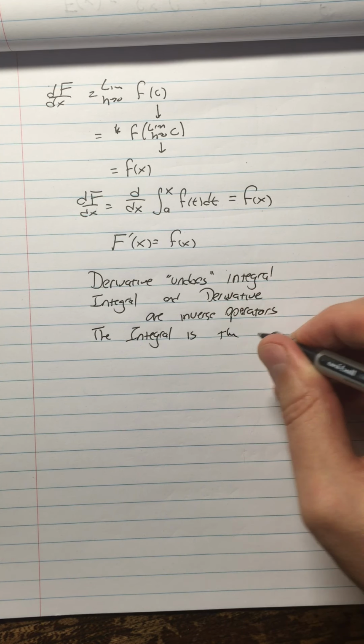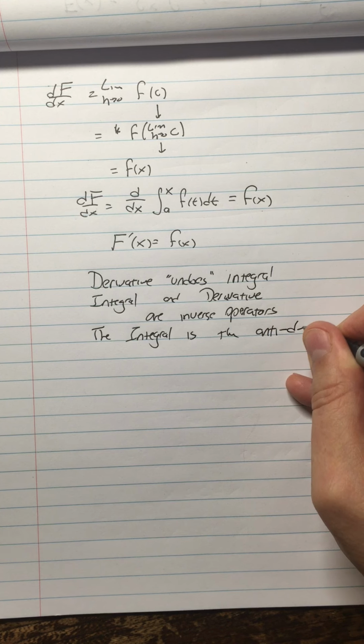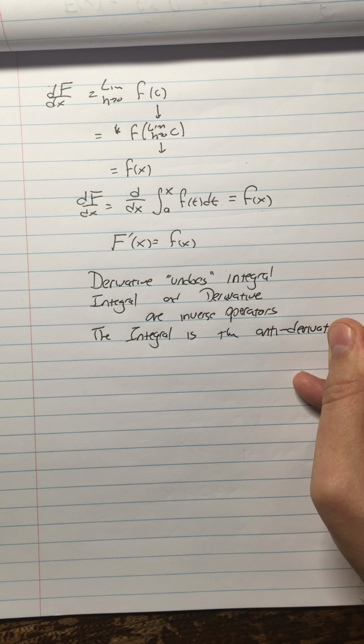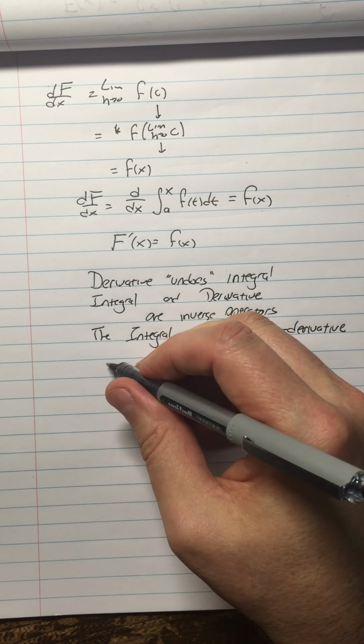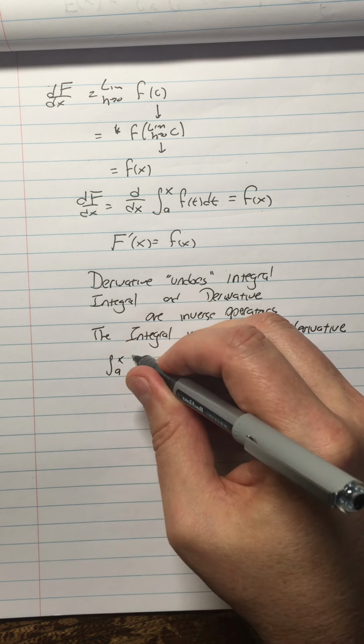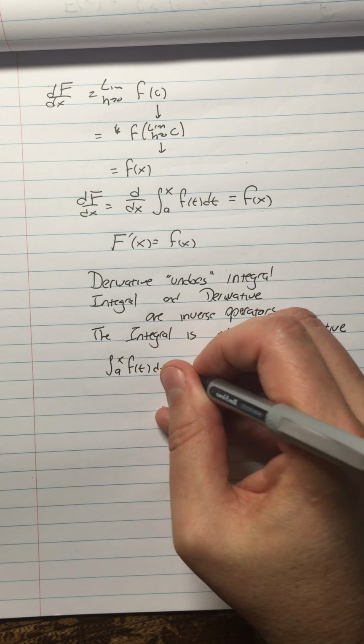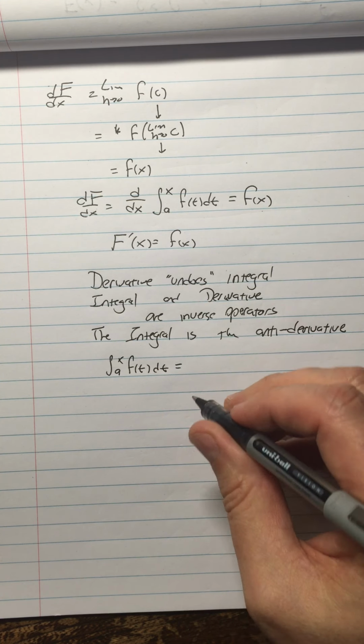And a crucial way to say this is that the integral is the antiderivative. And so a lot of people use the words antiderivative and integral interchangeably, right? So we can say the integral from a to x of f of t dt, we can now sort of get a handle on what that is.